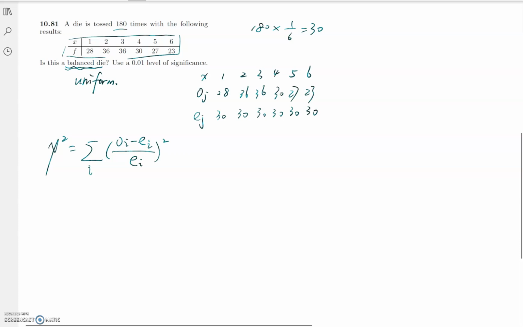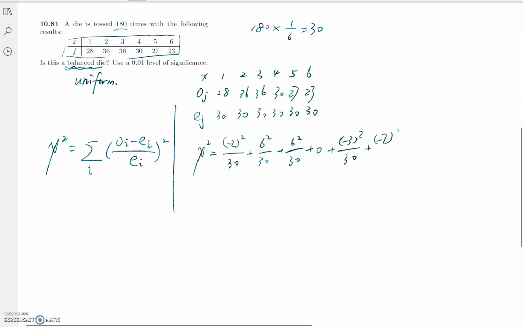So in our case, chi-square equals minus 2 squared divided by 30, plus 6 squared divided by 30, plus 0 here, plus minus 3 squared divided by 30, plus minus 7 squared divided by 30, which equals 4.4666. So this is our chi-square result.